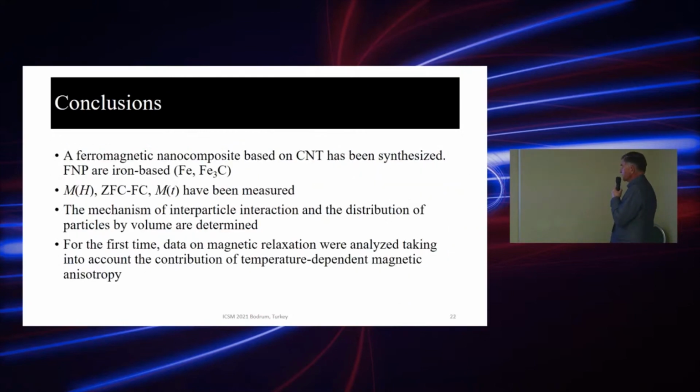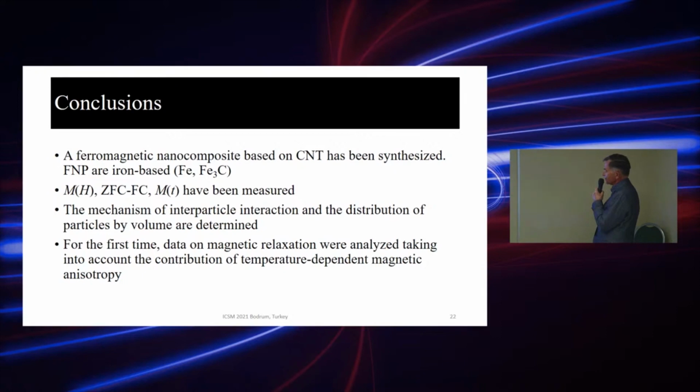So the main conclusions. First of all, a ferromagnetic nanocomposite based on carbon nanotubes has been synthesized. Ferromagnetic nanoparticles are iron-based, mainly cementite with some inclusions of iron.